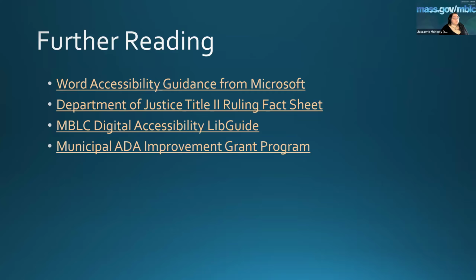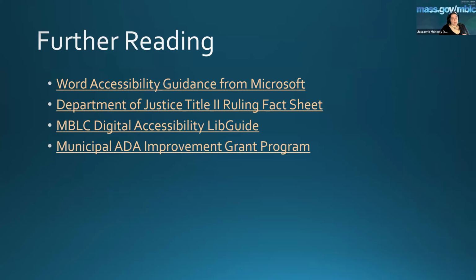Linking the Department of Justice Title II ruling fact sheet, which is really what prompted all of this, was the change in the Department of Justice ruling to include municipalities and government entities in these web accessibility requirements. If you're not aware already, be aware of your compliance deadline.